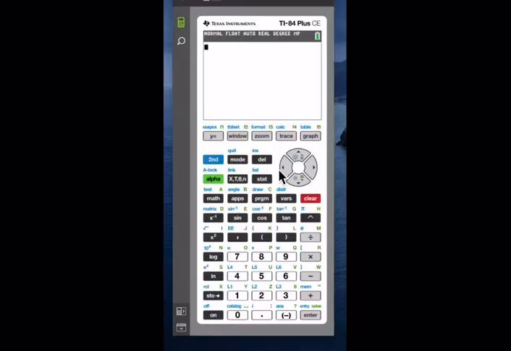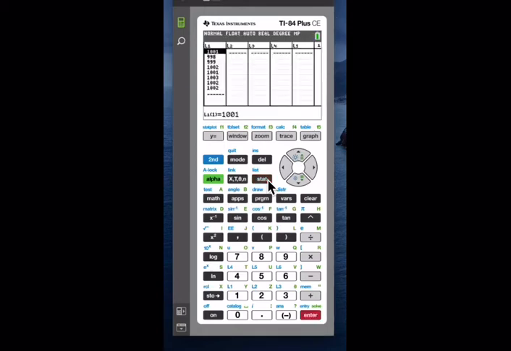Question number 6, I go to stats. I need to first enter my data, so edit, and I have my data here in terms of grams, so 1001, 998, 999, 1002, 1001, 1003, 1002, and 1002.